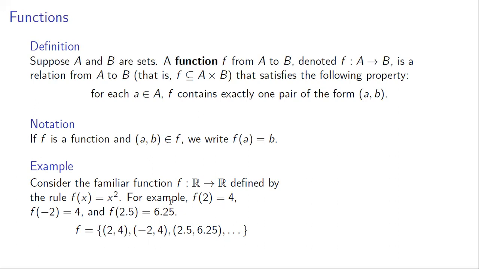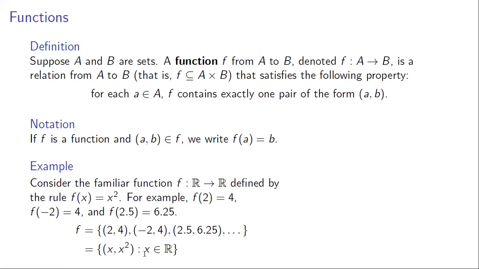We know already that it's a function from the real numbers to the real numbers, so all the ordered pairs are going to be made up of real numbers. But we want to be more specific than that. So here's as specific as we can get. It's the set of all ordered pairs (x, x squared), where x has to be an element of R.